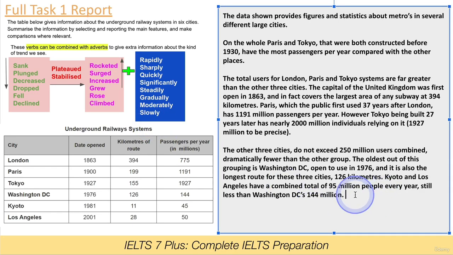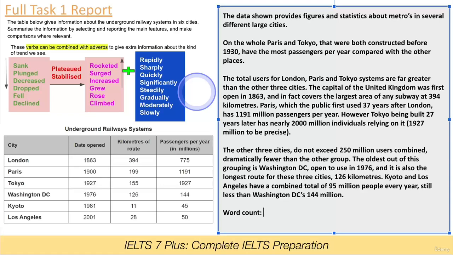The oldest out of this grouping is Washington, D.C., open to use in 1976, and it is also the longest route for these three cities, 126 kilometers. Kyoto and Los Angeles have a combined total of 95 million people every year, still less than Washington, D.C.'s 144 million.